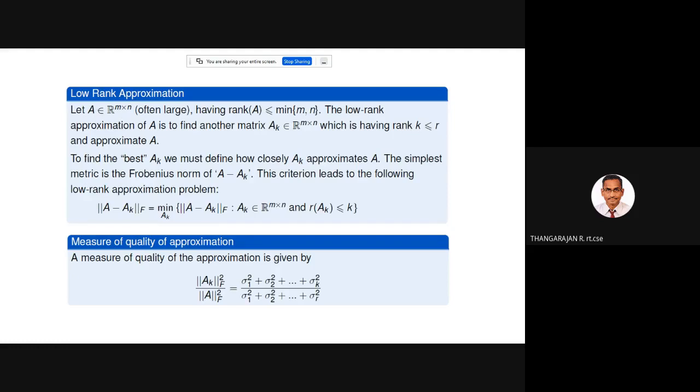Another great application of SVD is low rank approximation. So what is low rank approximation? Here we will take into consideration this example.